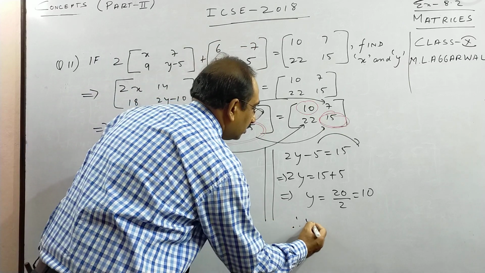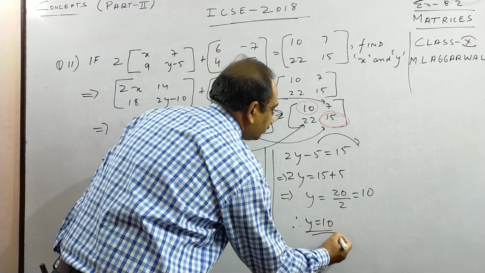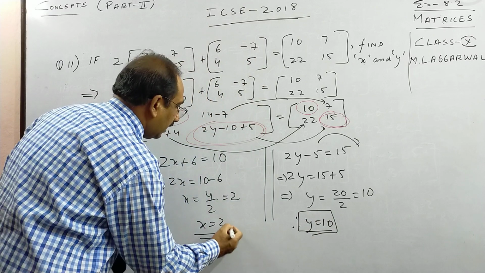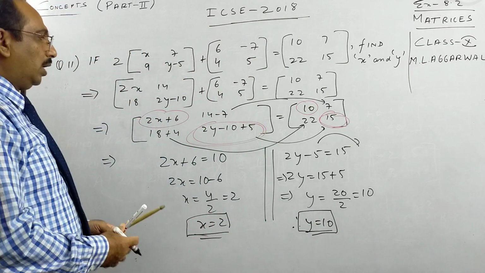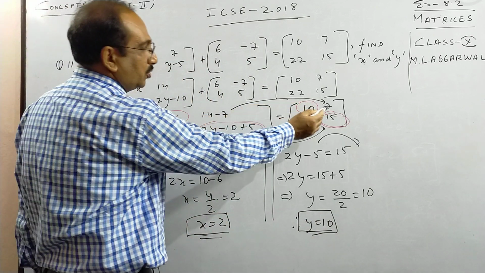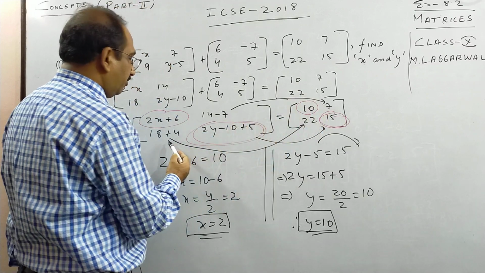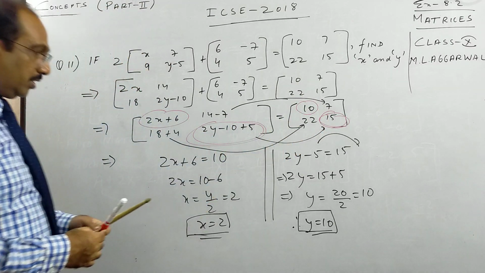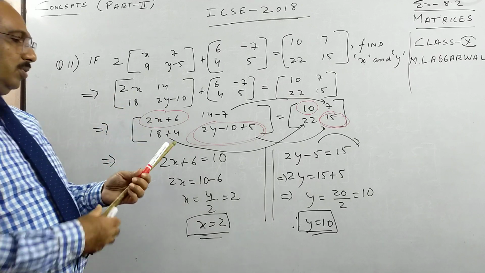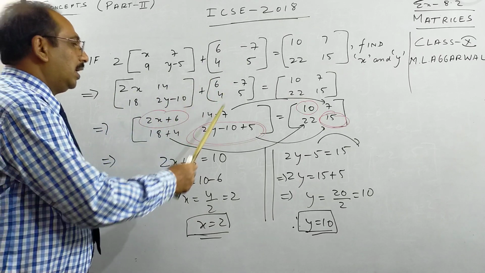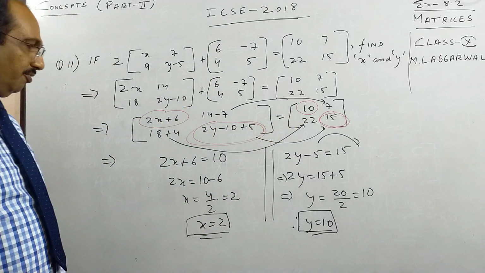So therefore y is 10 and x is 2. And the other two elements you see are also equal. 7 is equal to 7, 22 is equal to 22. So here we used the addition property, and then we have equality of matrix.